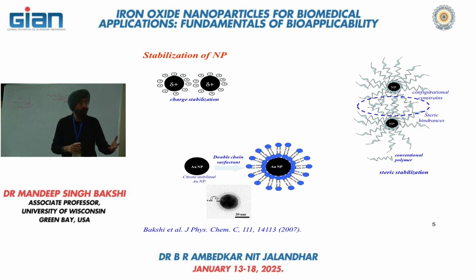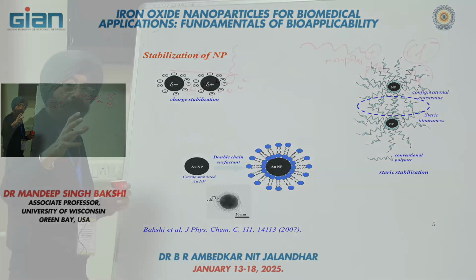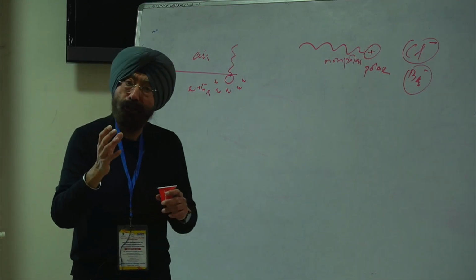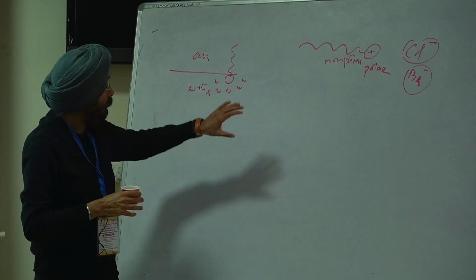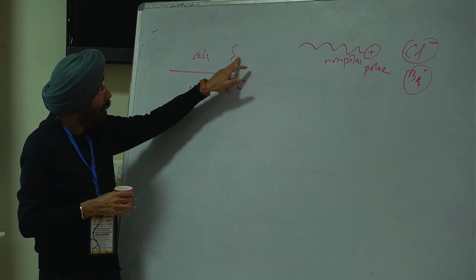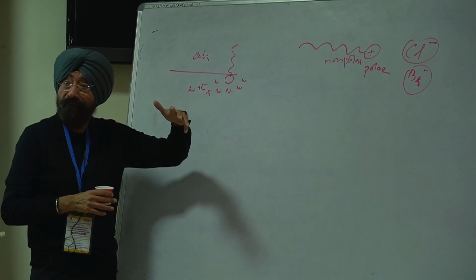If the surfactant is a weak surfactant, what is a weaker surfactant? A weaker surfactant is one where the polar part is predominantly more polar, but the non-polar part is less non-polar. So this part is predominantly polar, this part is less predominantly non-polar, that's the weaker surfactant.